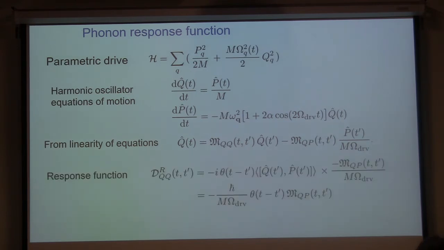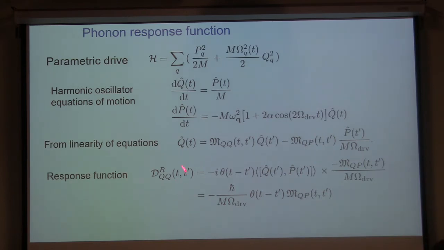What this tells us is that if we look at our correlation function of the phonon position at different times, we can relate the position of the phonon at a later time to the phonon momentum at an earlier time, so this becomes just the canonical commutation relations.